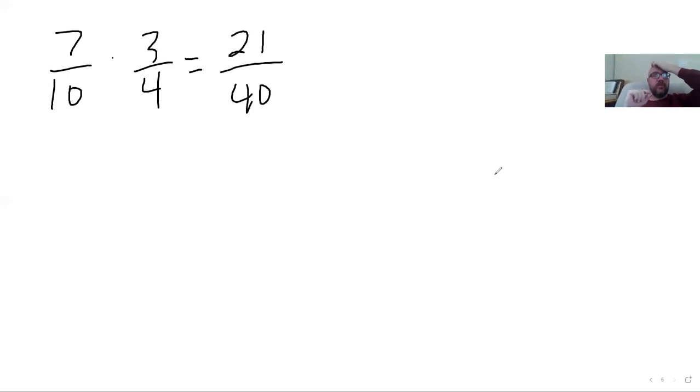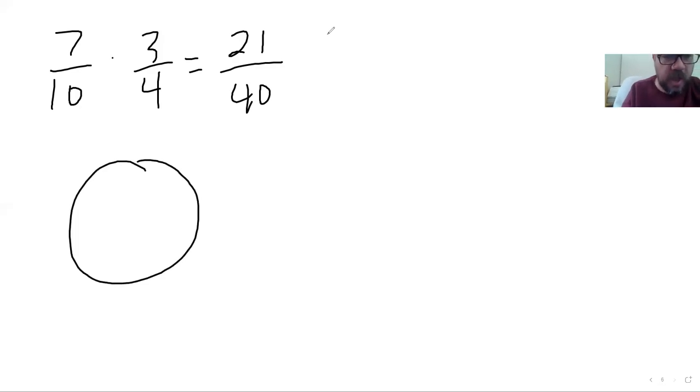The reason for this, and I'm going to introduce a really important sort of math word here, which is of. I'm thinking of this as 3/4 of 7/10. Of generally means multiply. When it comes to percentages and fractions, of almost always means multiply. Like you can construct an English sentence involving numbers where of doesn't mean multiply, but most of the time it does. So for instance, let me go back to my circles here.